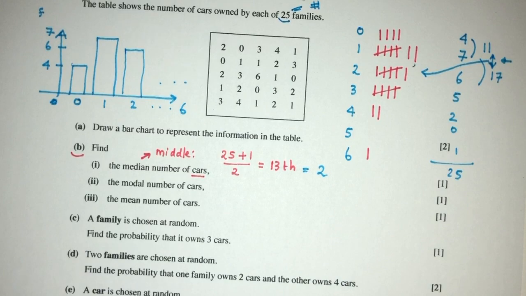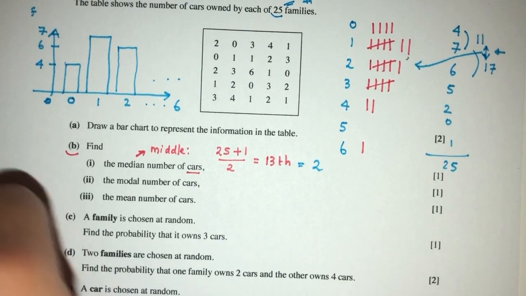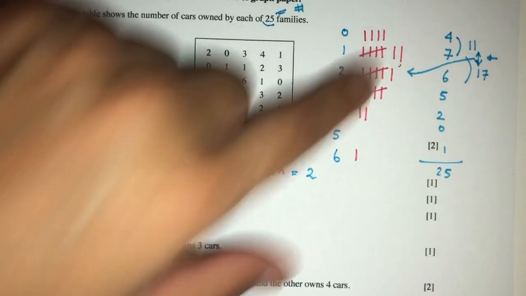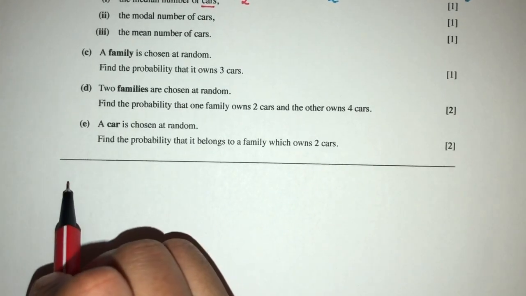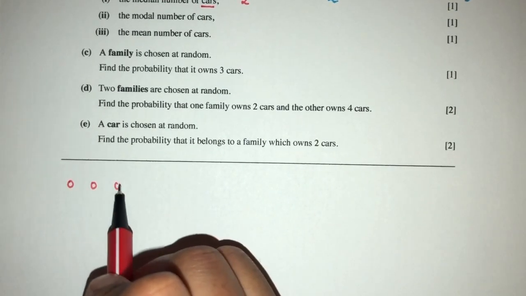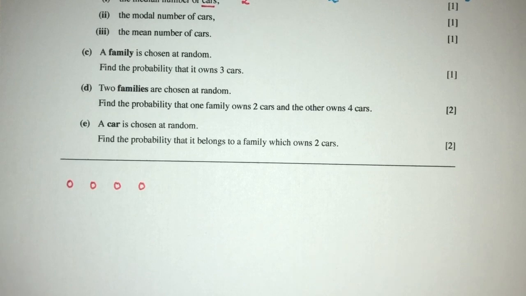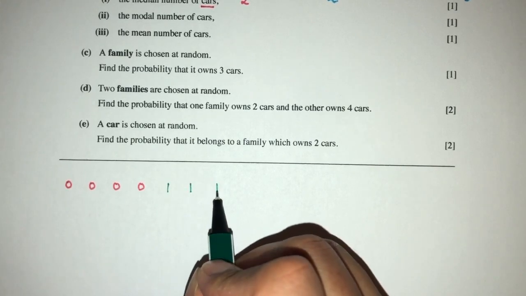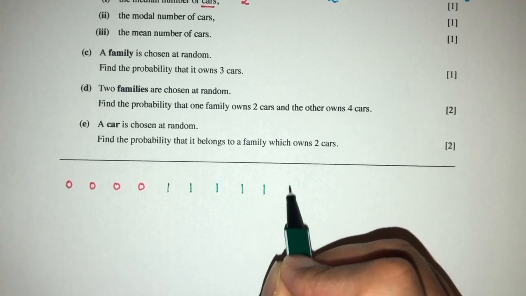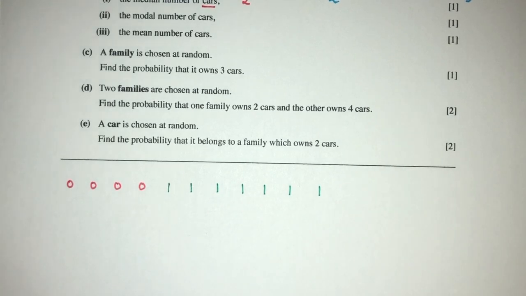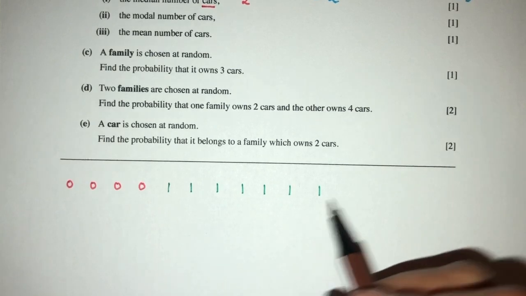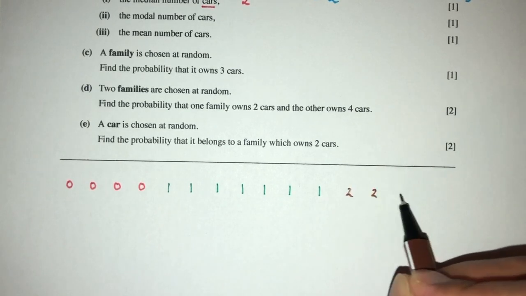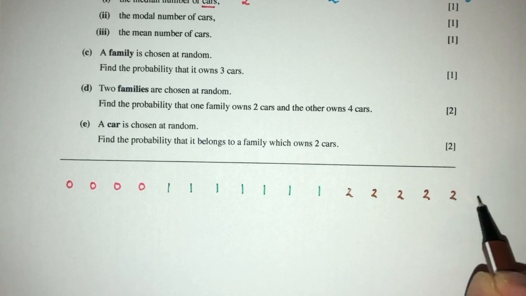That makes sense. The other idea is, let me write this down. For example, I have 4 zeros: 1, 2, 3, 4, 4 zeros. Then followed by 7 ones: 1, 2, 3, 4, 5, 6, 7, and then followed by 6 twos: 1, 2, 3, 4, 5, 6.